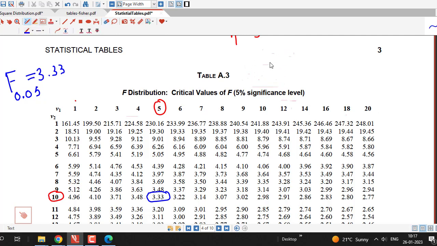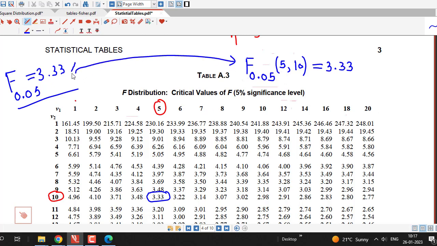Some sources use different notations. This I can write as F suffix 0.05, numerator degrees of freedom 5 and denominator degrees of freedom 10, and this I find as 3.33. These are different ways of expressing the same critical value. Some books use this notation also.